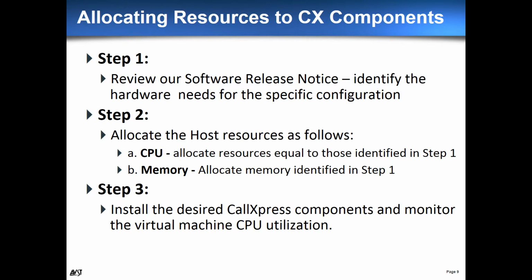And then you use those to go in and configure the host, and then basically the components get installed, and the monitoring process for our application is exactly the same as it would be for any type of application running within VMware. So if we look at how we get to these numbers, where we find these in our documentation, we can look at the charts that are available within each software release to tell you specifically what you need based on the application you're running.